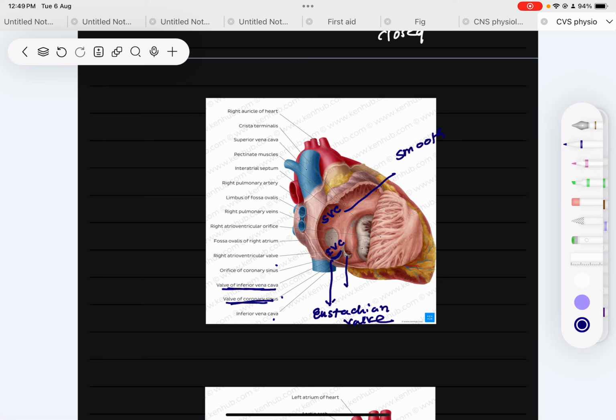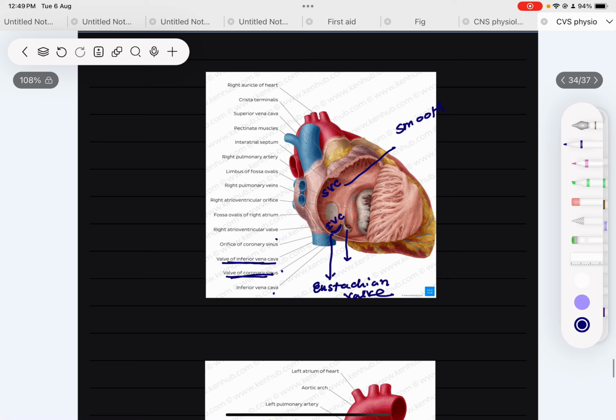This valve of coronary sinus is known as Thebesian valve, and this coronary sinus is actually a left horn derivative structure. So superior vena cava has no valve, IVC has eustachian valve, coronary sinus has Thebesian valve.